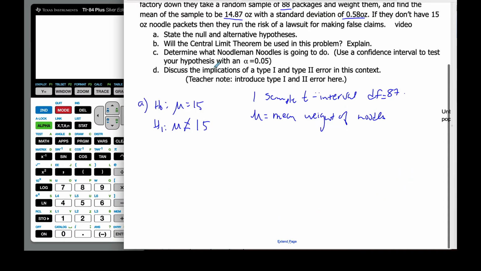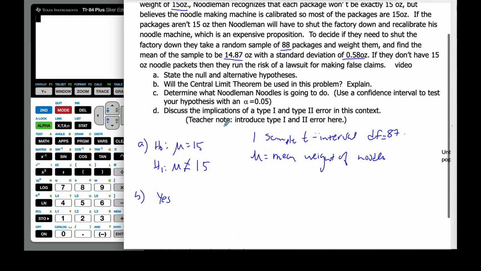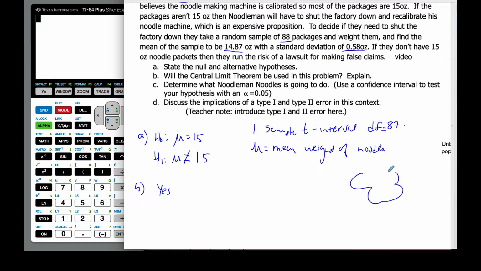Okay, so will the central limit theorem be used in this problem? And the answer for this one is yes, because we have this great big giant population of noodles, and we're taking a sample of 88 of them. Then we make a model of the sampling distribution, and we make a dot. That dot on this normal curve represents all the different groups of 88 packages.